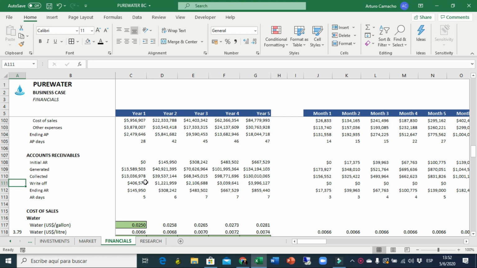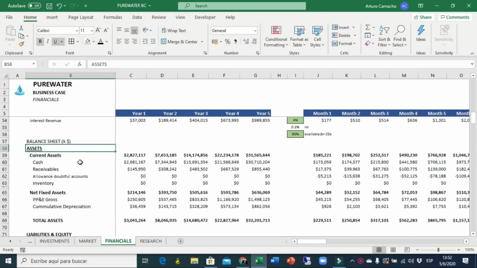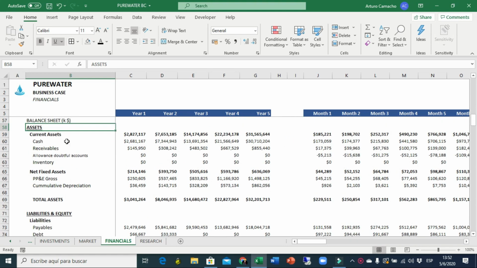Okay, so now the balance sheet. I have here the format, of course pretty simple, not very detailed. The assets, which are subdivided into current assets and net fixed assets.